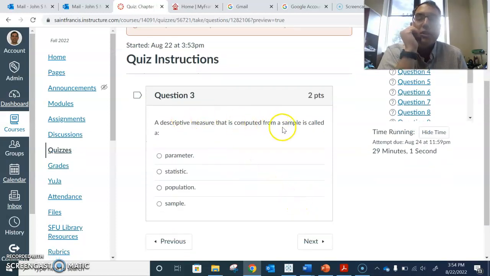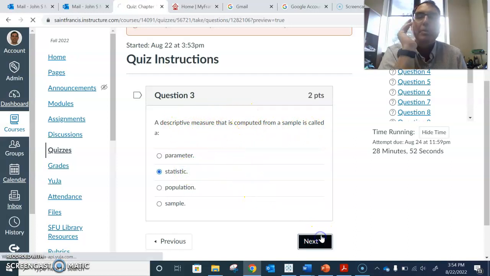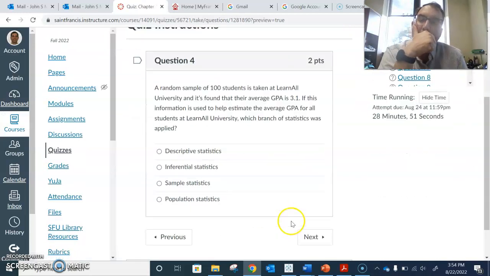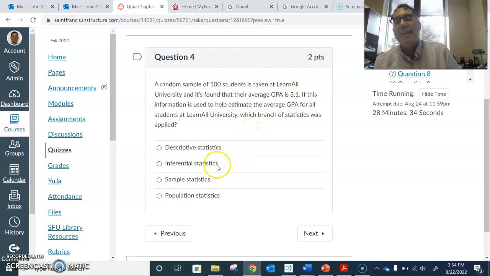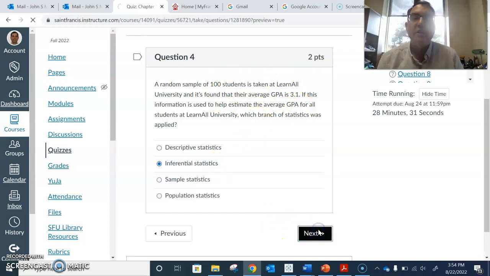A descriptive measure that is computed from a sample is called a statistic. Remember, descriptive measures of samples are called statistics. Descriptive measures of populations are called parameters. A random sample of 100 students is taken at this university. It's found that their average GPA is 3.1. If this information is used to help estimate the average for all the students, if we're taking a sample statistic and making an inference about all the students, that is known as inferential statistics.